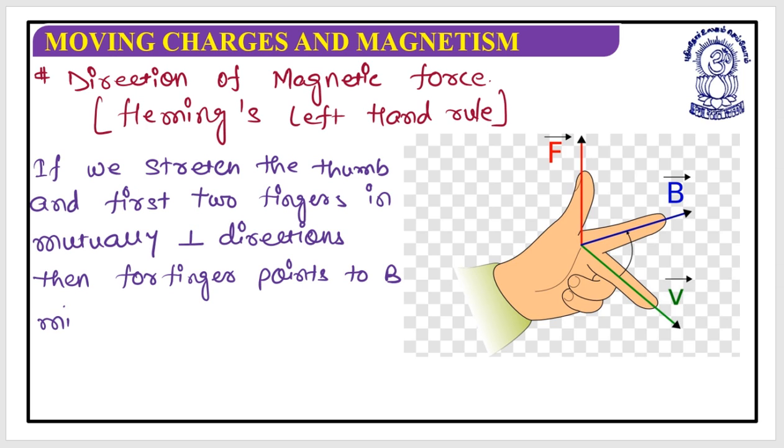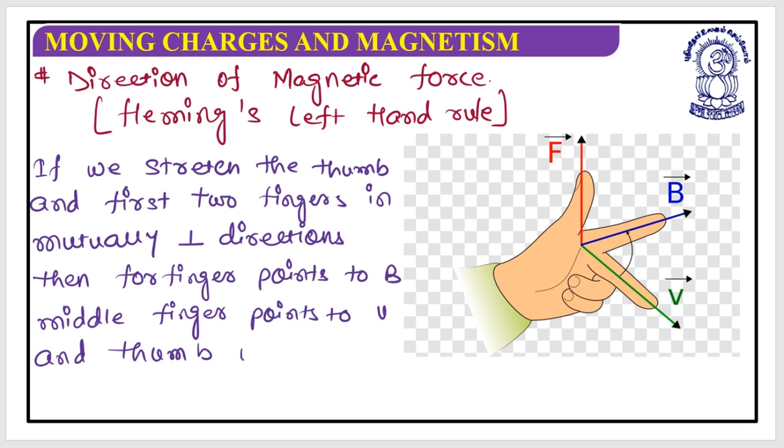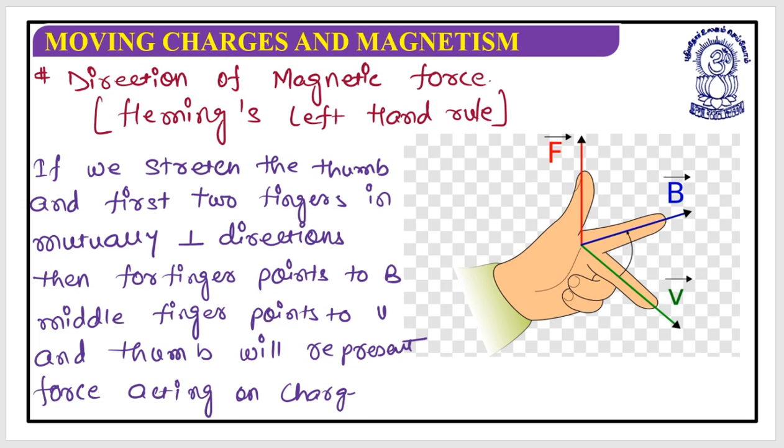The middle finger points to V, and the thumb will represent the force acting on the charged particle. This is Fleming's left hand rule.